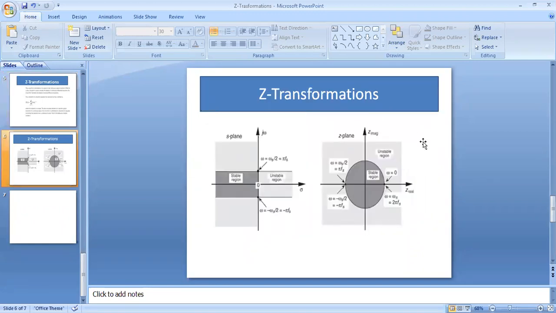Now this is the geometrical interpretation of the Z transformation. There are two planes, one is the S plane and the other is the Z plane. This is the real part and the imaginary part, the y axis, of the Z plane, and this is the real part and imaginary part of our S plane.